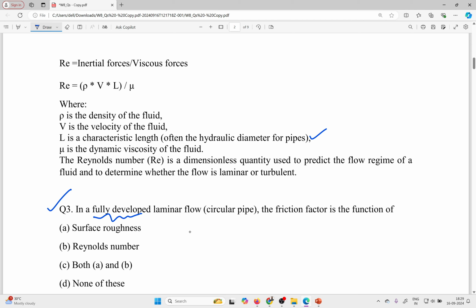I will discuss laminar flow because some students, maybe new students, may be a little confused about laminar and turbulent, so I can discuss it in this question. Here we are talking about laminar flow. Remember please.